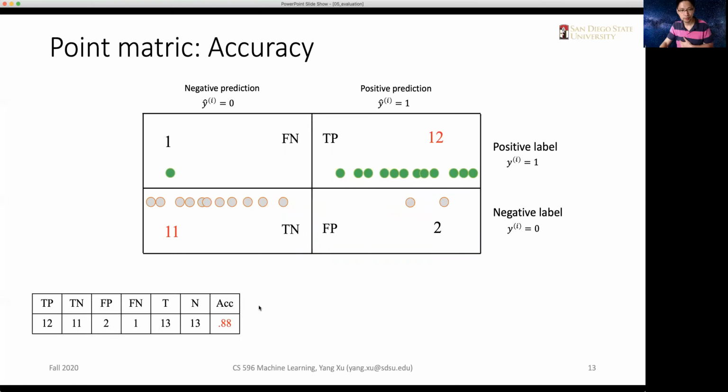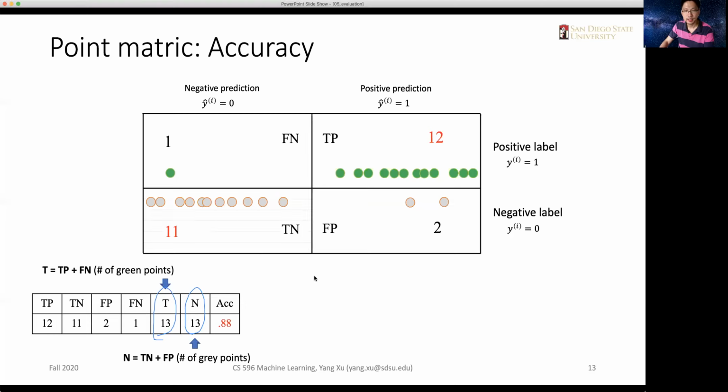So we define the accuracy on top of these quantities. We also include a new quantity, T, which is the total number of positive data points, and the total number of negative data points.